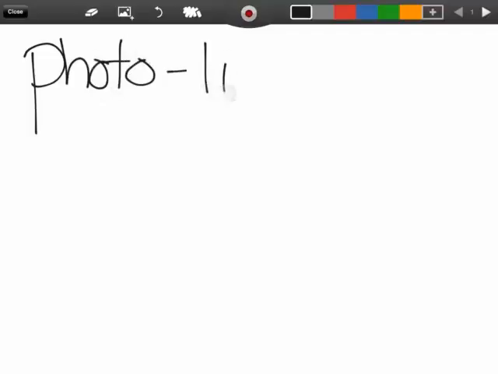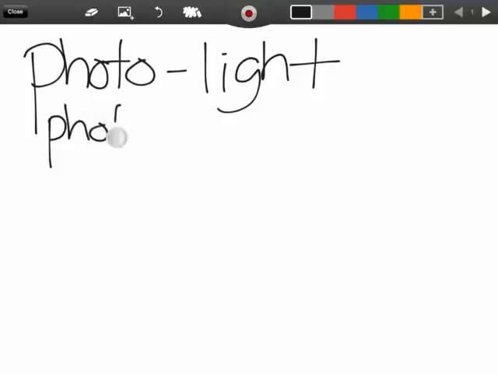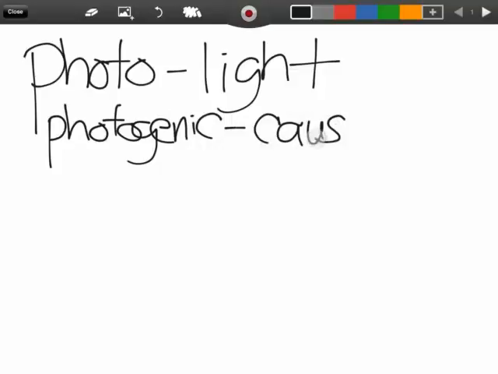Our first root is photo. Sorry about that. Photo. I'm going to go ahead and give you the meaning, and that means light. I'm going to give you two examples for this. One of them is going to be photogenic, meaning caused by light.